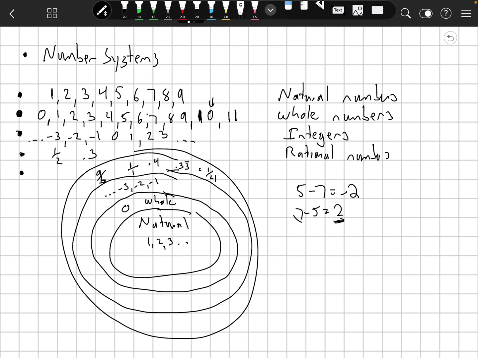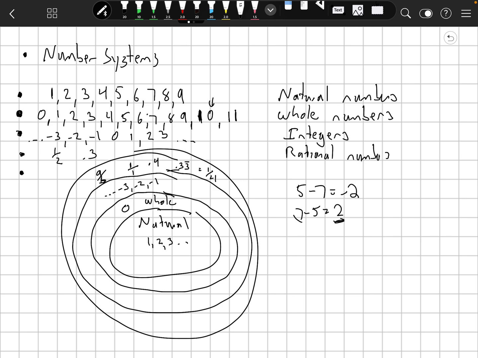So part of discovering new number systems was based on doing operations with maybe older number systems. And if you have a number system that when you do an operation, it stays in that number system, we call that a closed number system. It's closed.